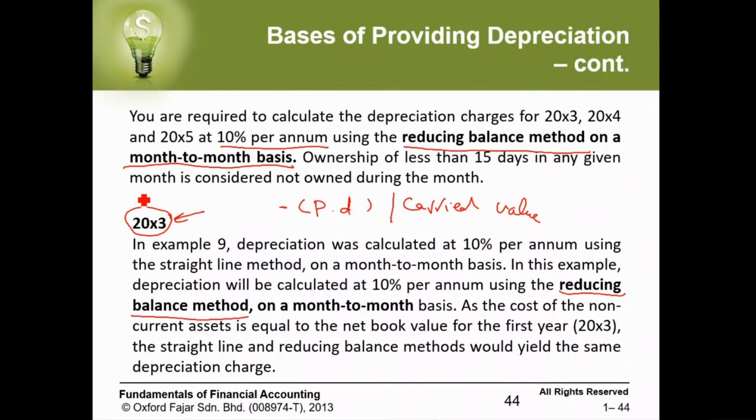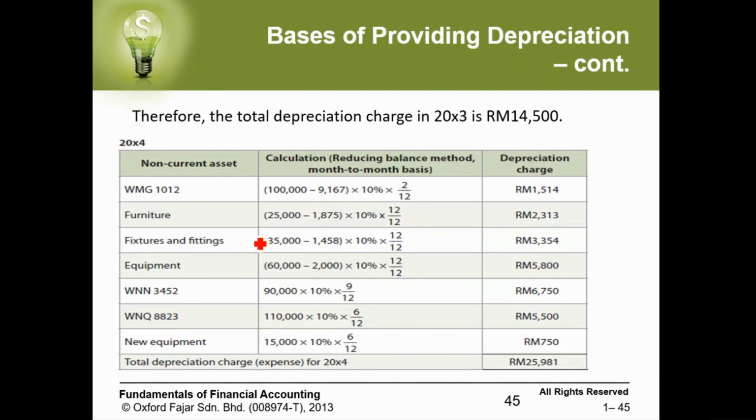So for the first year, as we bought those assets in the first year, we don't have a carried value from a previous year, like 2012. We don't have previous depreciation. So the calculation of depreciation in both ways, reducing balance method or straight line method, will be similar. Let's go to year 2014.